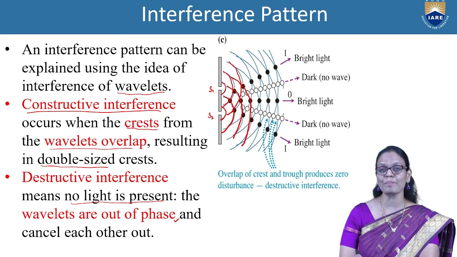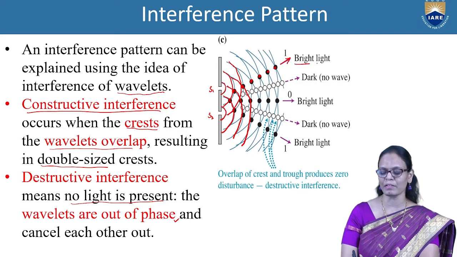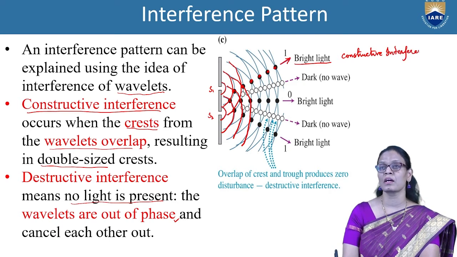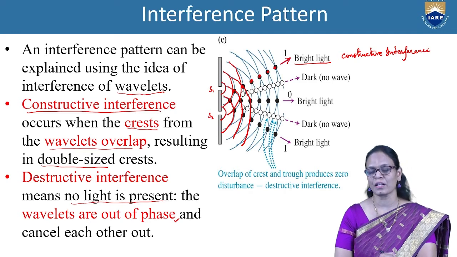So when they are superimposing on each other, these points where the crest of one wave falls on the crest of the other wave, you will have a bright light. Bright means it is constructive interference. Now the crest falls on the crest and you will get a double-sized crest. So this corresponds to constructive interference.